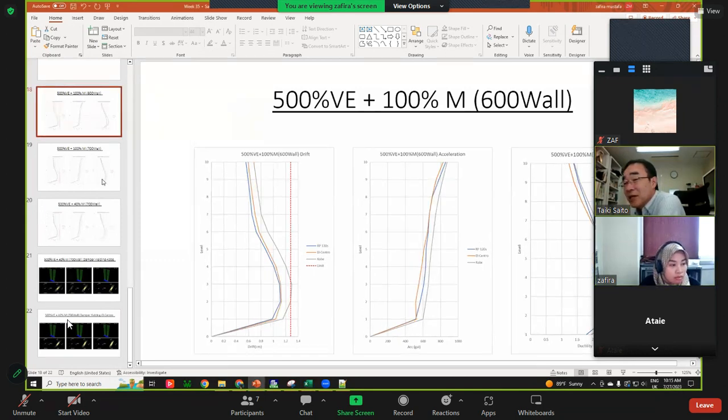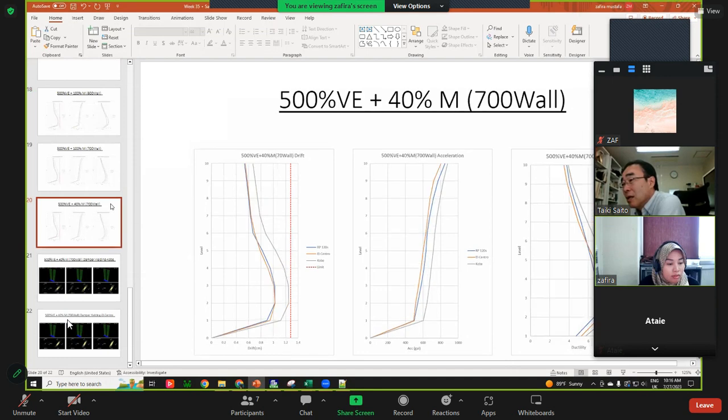But if you increase the thickness, of course, it will be better. But it's not our objective. How about if we stick to a wall of 700 something? If you adopt 700, maybe the beam is okay, viscoelastic okay.